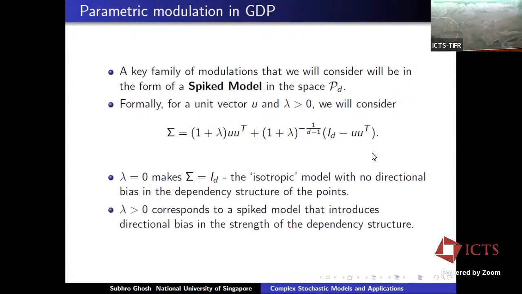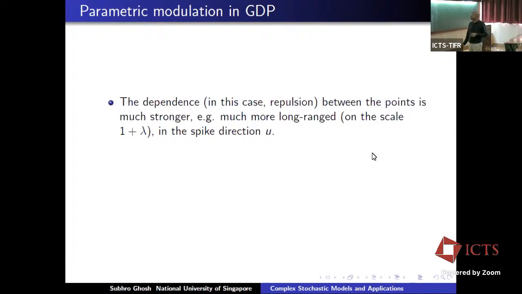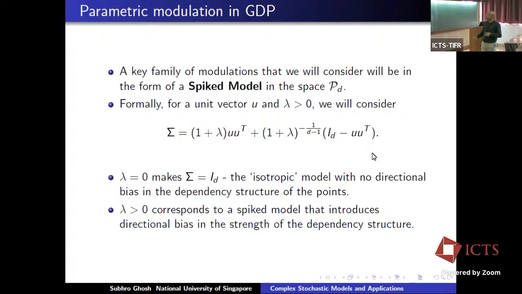Lambda bigger than 0 corresponds to a spiked model that introduces directional bias in the strength of the dependency structure. In particular, the repulsion between the points is much stronger, much more long ranged, on the scale of 1 plus lambda in the spike direction. Just for the sake of understanding, think of lambda as very, very large.